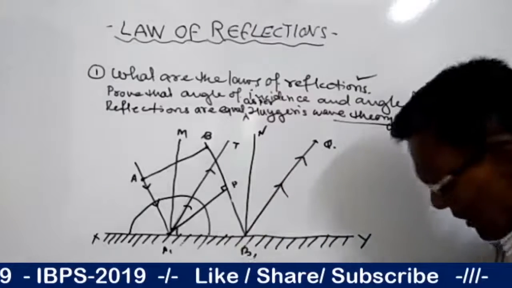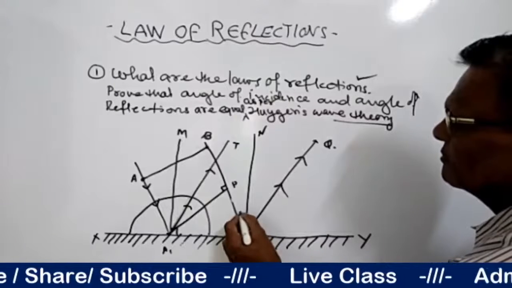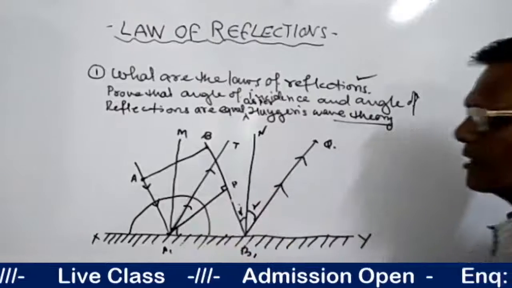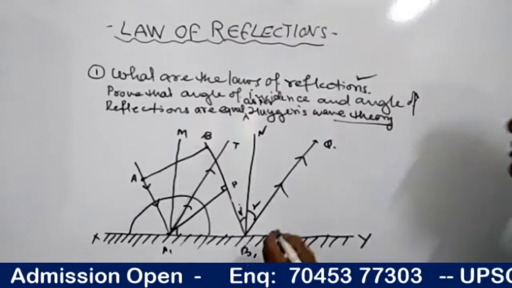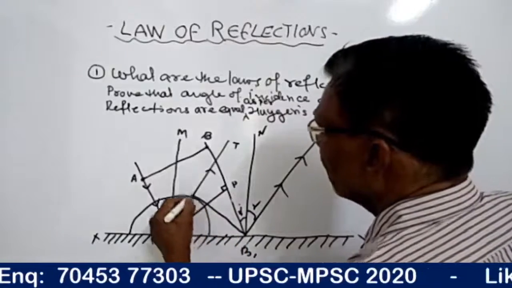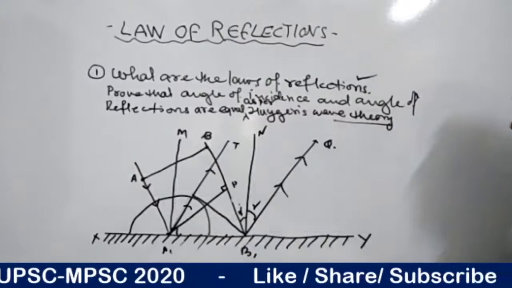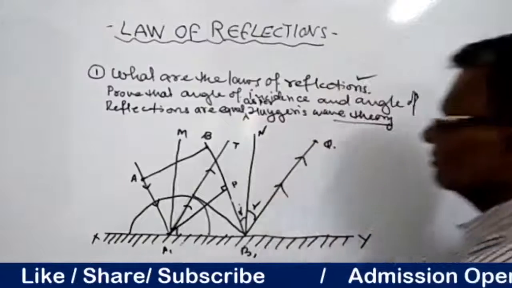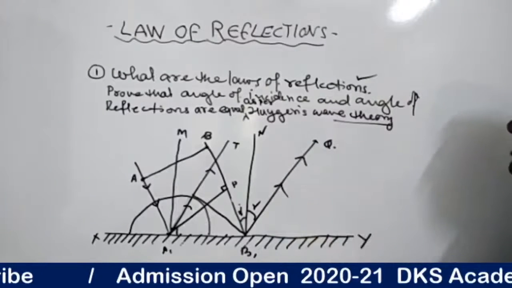Here also we are having the same angle I and angle R, angle of incidence and angle of reflection. So this is your tangential form. This wave is converted in the reflection in the tangential form, and we will have both angle of reflection and angle of incidence.